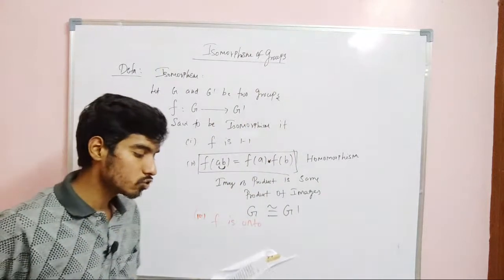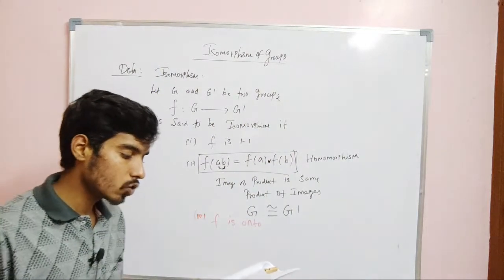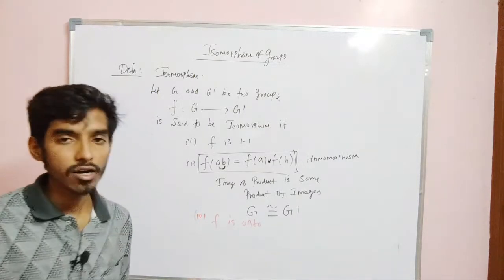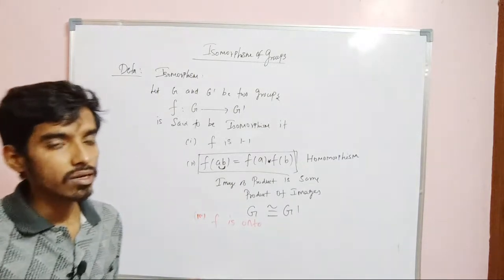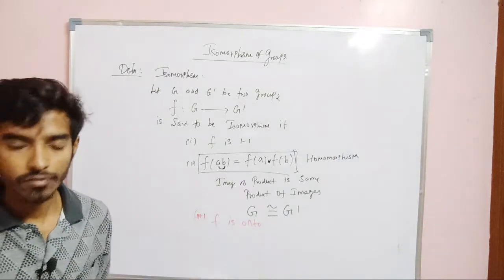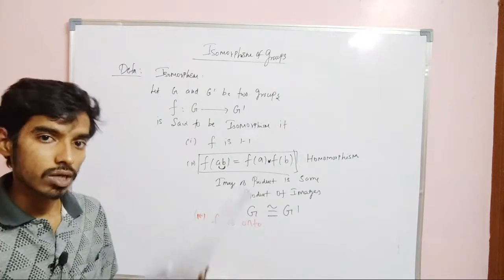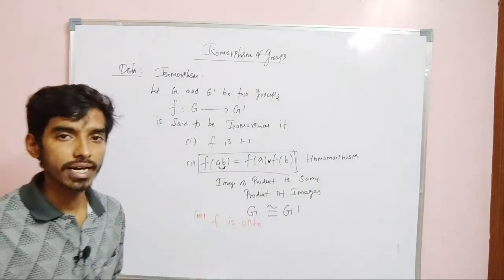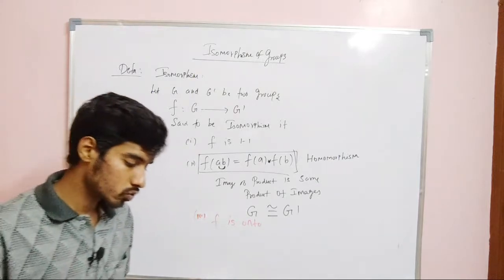The cardinality should be the same, otherwise there will be no mapping f from G to G dash which is 1-1 as well as onto. So we cannot make an isomorphism between a finite group and an infinite group, and also if two groups are finite, the cardinality should be the same, then only we can define an isomorphism between two groups.